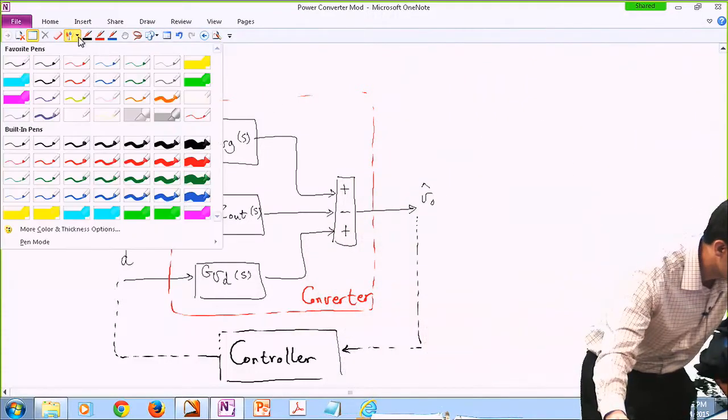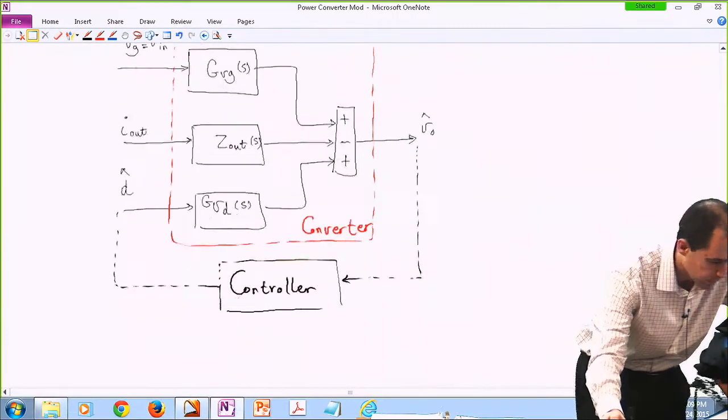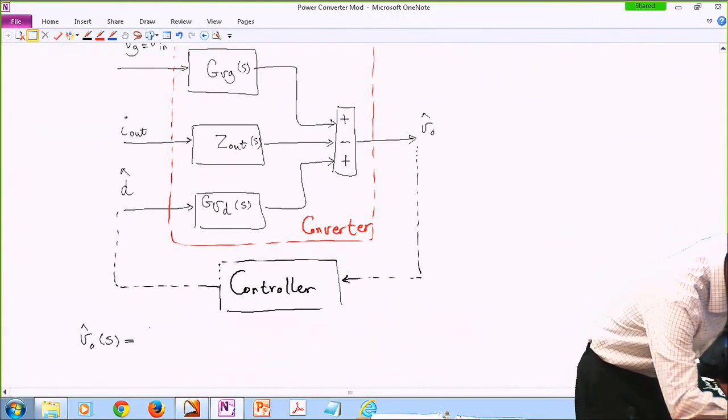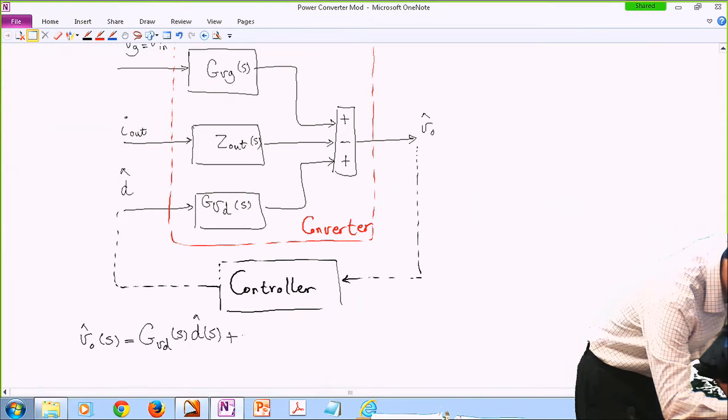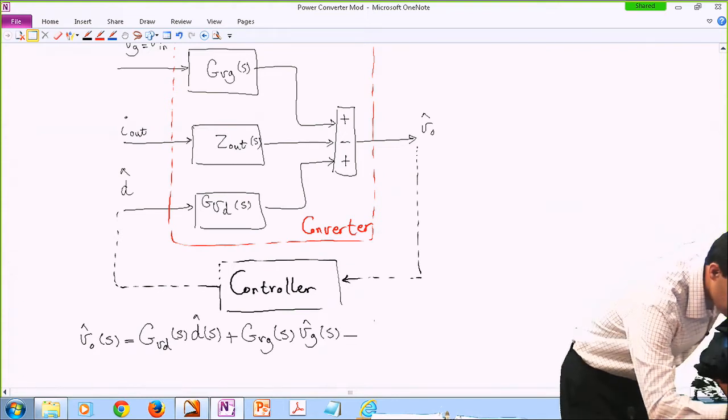Now, if you want to write it down, and sometimes it's helpful to write it down, I'm just going to write it. We can argue that the output voltage is nothing but GVD times perturbations in the duty cycle plus GVG times perturbations in the input voltage minus Zout times perturbations in the output current.